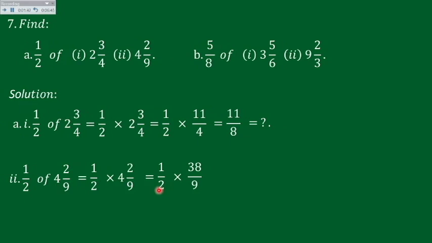So what will you get here? 19. If you don't know, then you can do division and you will get the same answer, 19. Then afterwards, what will be your answer? Equals 19 upon 9, definitely. And this you have to convert into a mixed fraction. Is that clear?